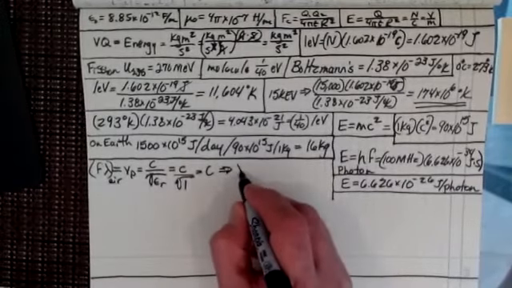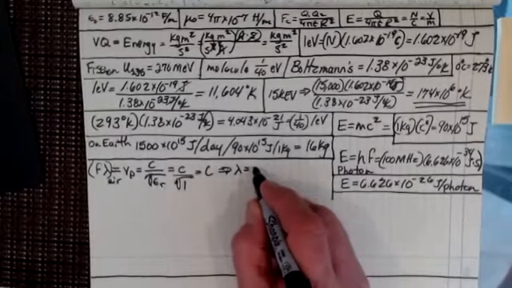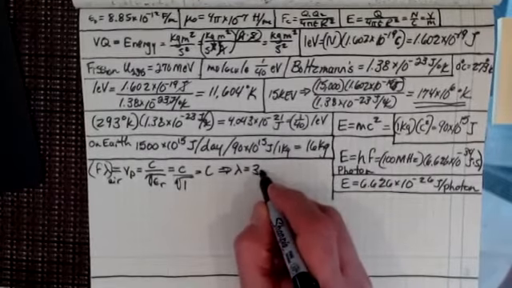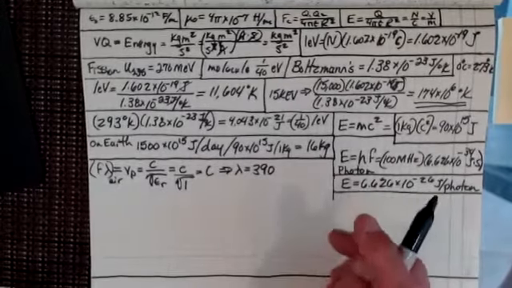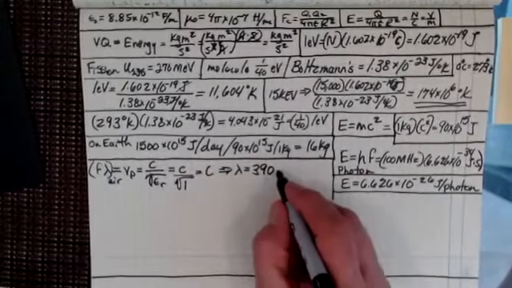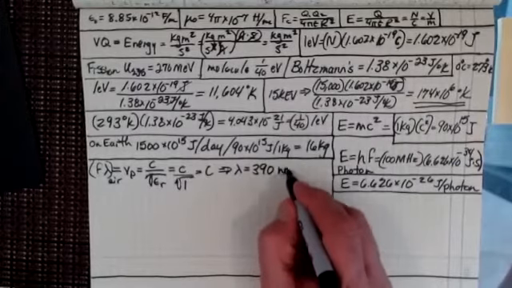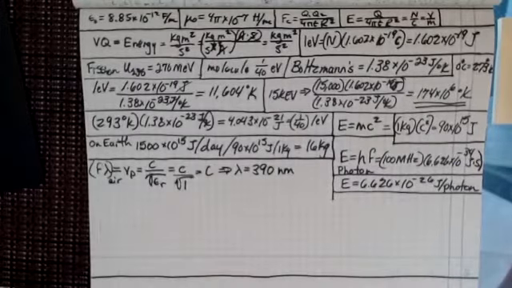Let's say that I had a wavelength of 390 nanometers. We go into the UV range. That's a powerful UV light wave, right?